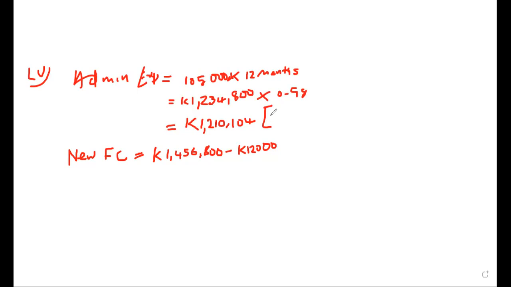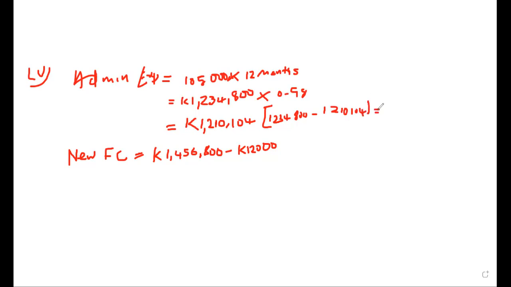So how much has been removed? How do we find that? You would say the current 1,234,800 less 1,210,104.